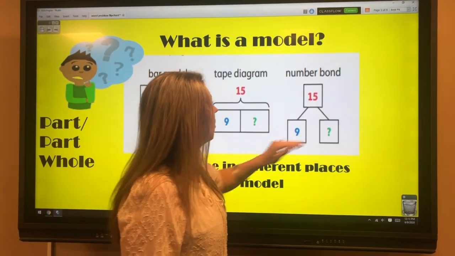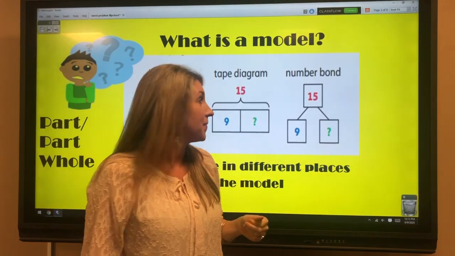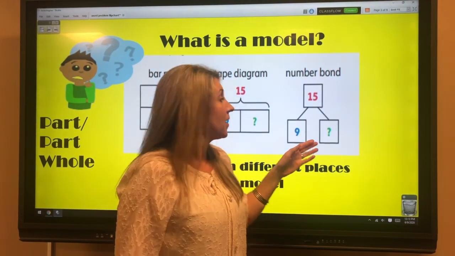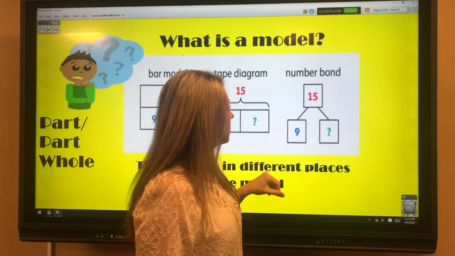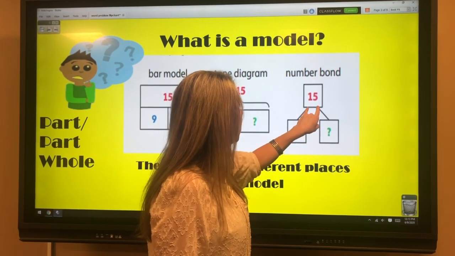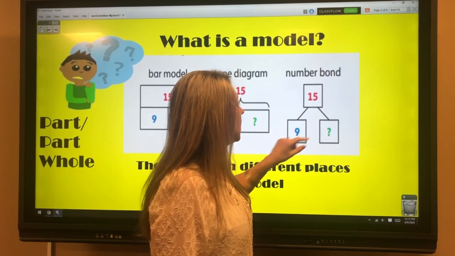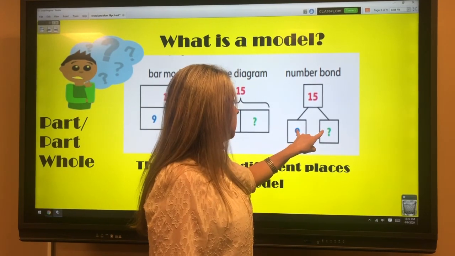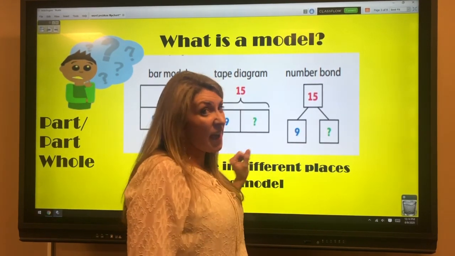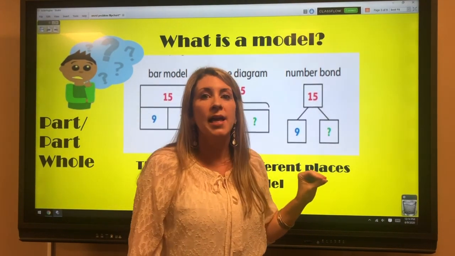The last model, which I know is one that you learned in first grade, is a number bond. The number bond has 2 parts that are pointed with lines to a whole. Number bond is a lot like a bar model because the parts can be on the side or the parts can be at the top, as long as the whole is by itself.